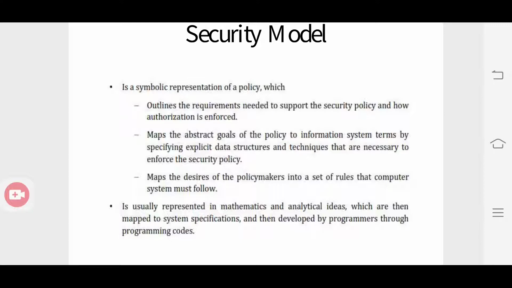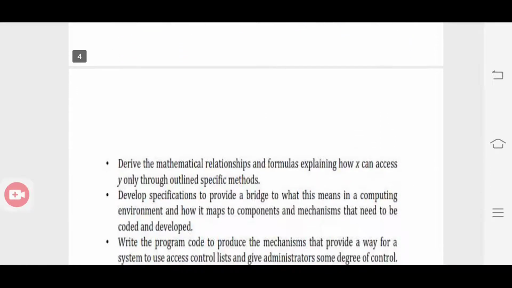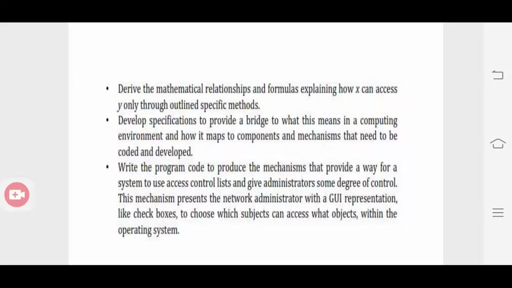Then we can use programming code to produce a specific system or a protected system. So it derives the mathematical relationships and formulas explaining how X can access Y only through outlined specific methods. It develops specifications to provide a bridge to what this means in a computing environment and how it maps to components and mechanisms that need to be coded and developed.